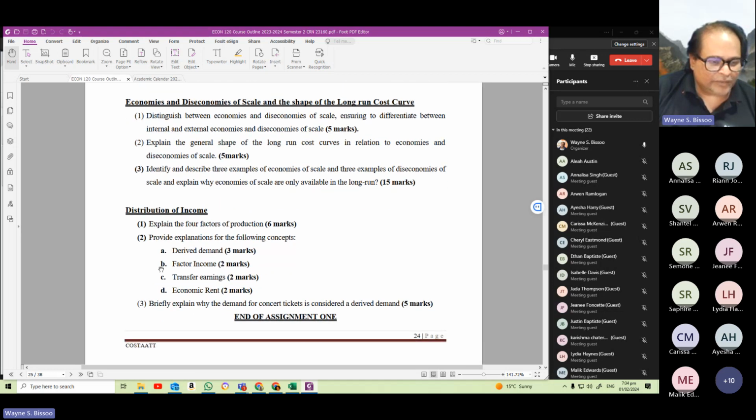Then we have distribution of income, of which you would have already tackled: briefly explain why the demand for concert tickets is considered irrelevant. So you don't have to do the 2 ways, just copy what you did in the first instance here, and I would have already gone through that and told you if there was something wrong with it in any case. You just have to add in now your write-ups for these areas here for distribution of income. Make sense so far, guys?